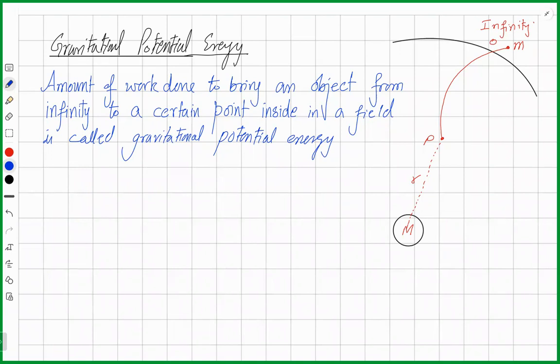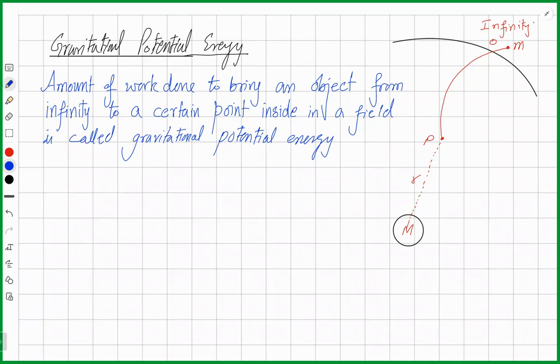And what we did in the previous classes, like in your O levels or IGCSE or AS, when an object rises, gravitational potential energy increases. Rise means going away from the surface, and falling means coming towards the surface. And when an object falls, it loses gravitational potential energy.